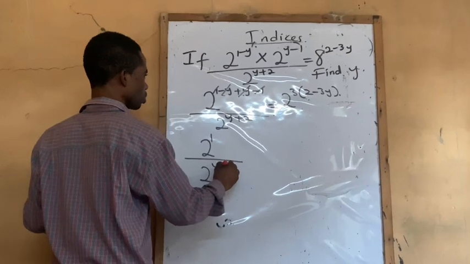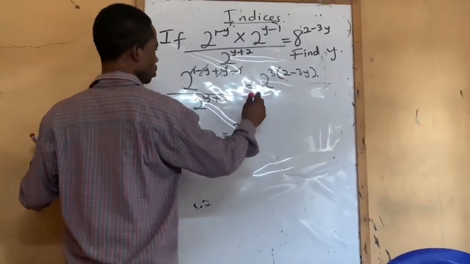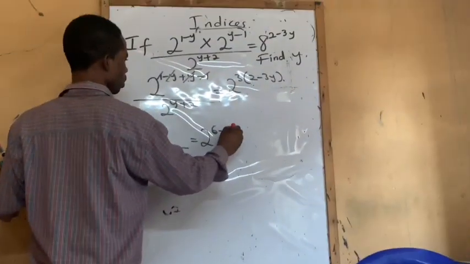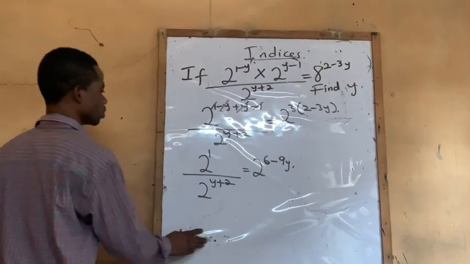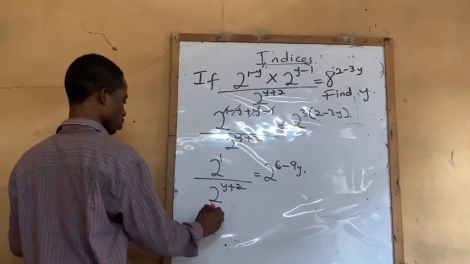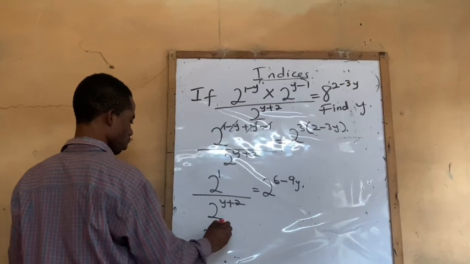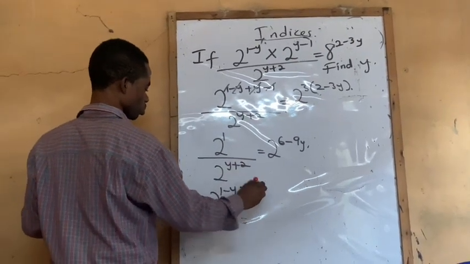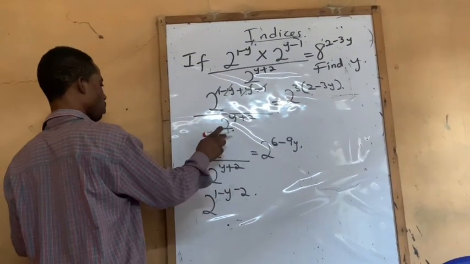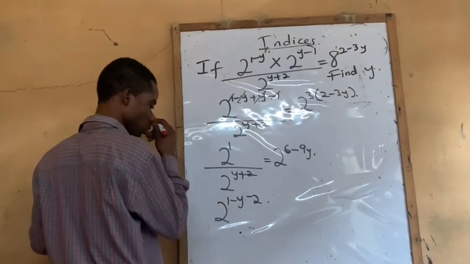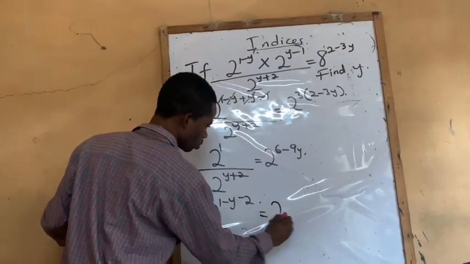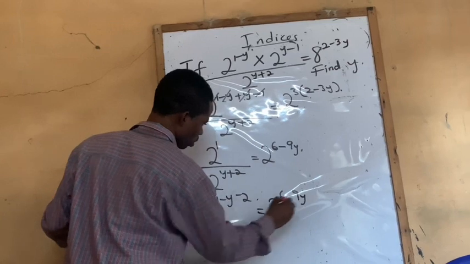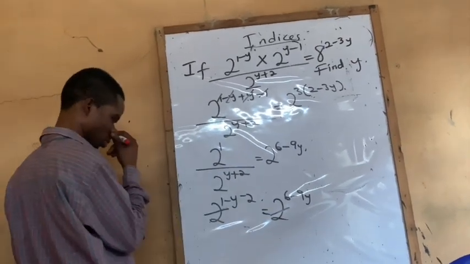y plus 2 equals 2 to the power 3 times 2 to the power 6 minus 9y. So definitely when this one comes up, it becomes minus y minus 2. Plus here becomes minus y, plus here becomes minus 2, equals 2 raised to power 6 minus 9y. This cancels this.